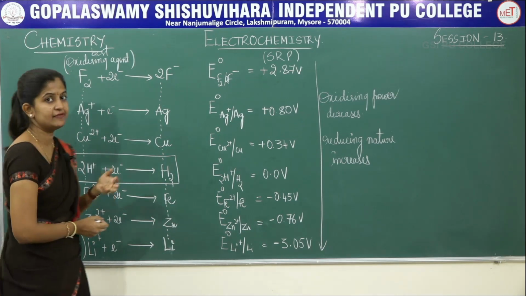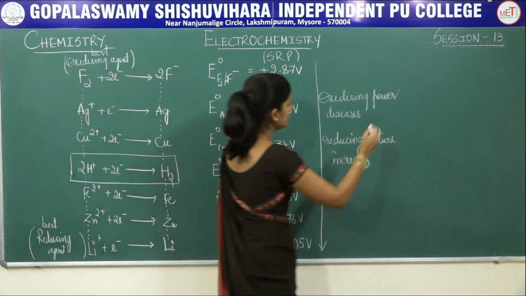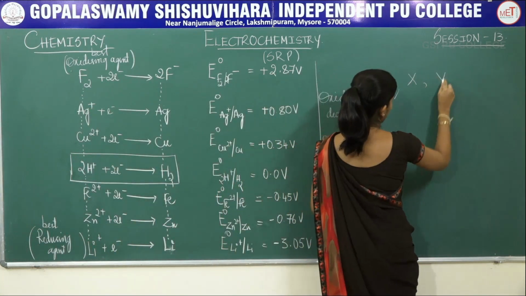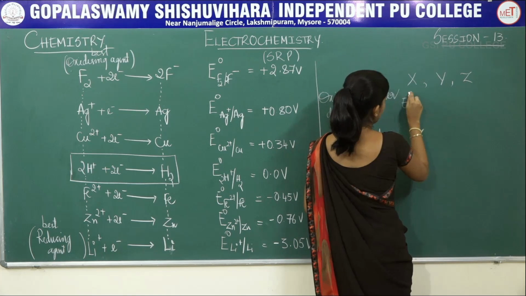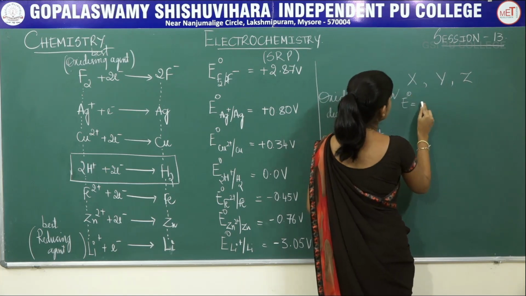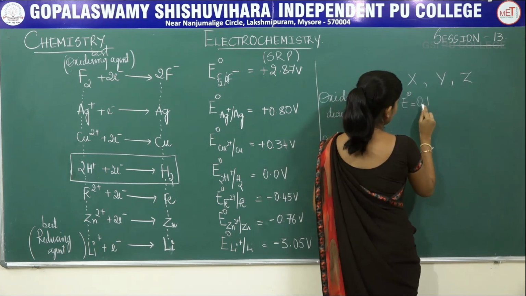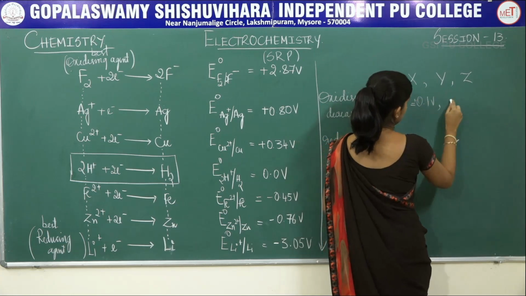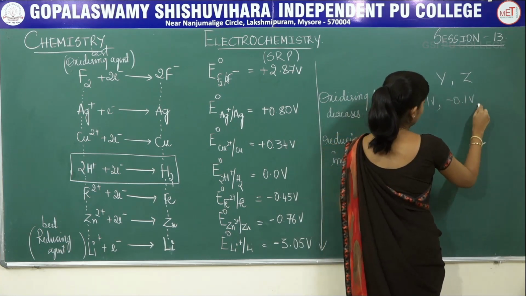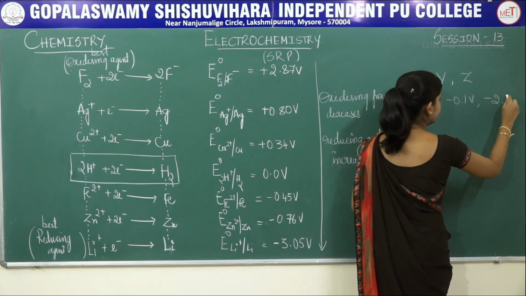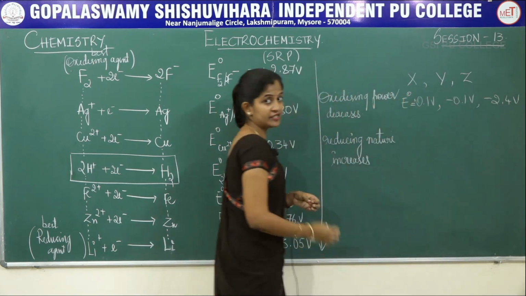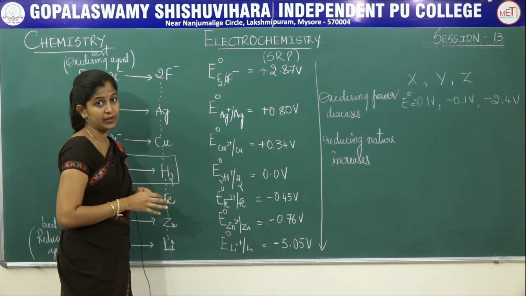So if you give any three elements, say for example X, Y, Z, and their E0 values are given, say plus 0.1 volt, minus 0.1 volt, and minus 2.4 volt, you can know which is the best oxidizing agent and which is the best reducing agent.